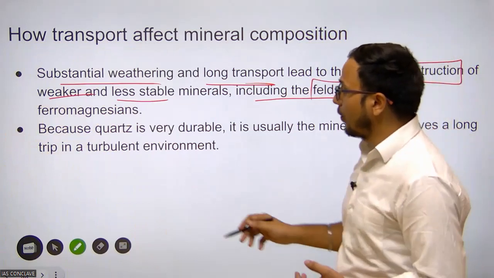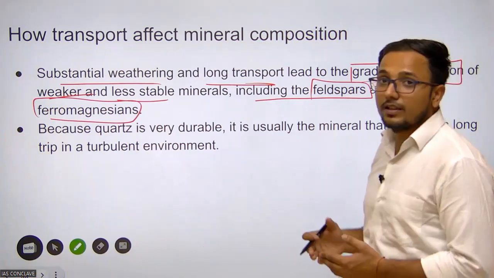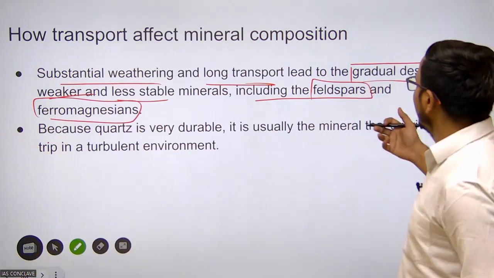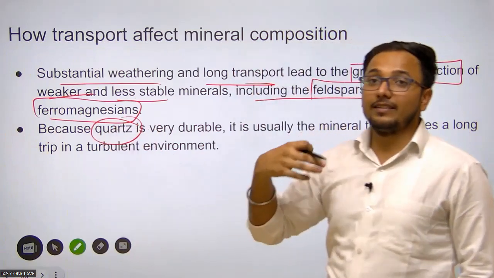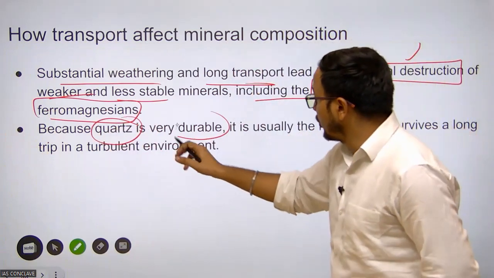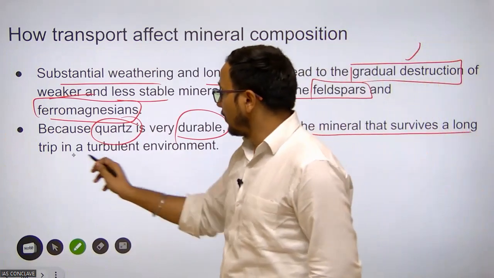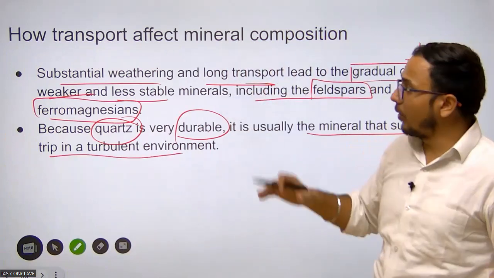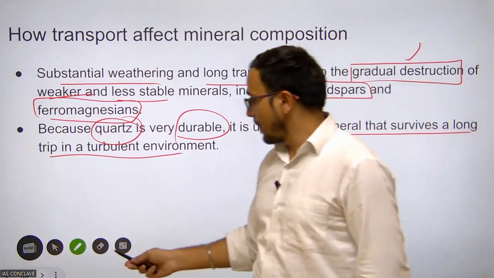If you look at feldspar or ferromagnesian minerals, they are more vulnerable to weathering and gradual destruction. But if you look at quartz, it is highly resistant and very durable, and it is usually the mineral that survives a long trip in a turbulent environment. So from that we can also infer that transport can affect the mineral composition.